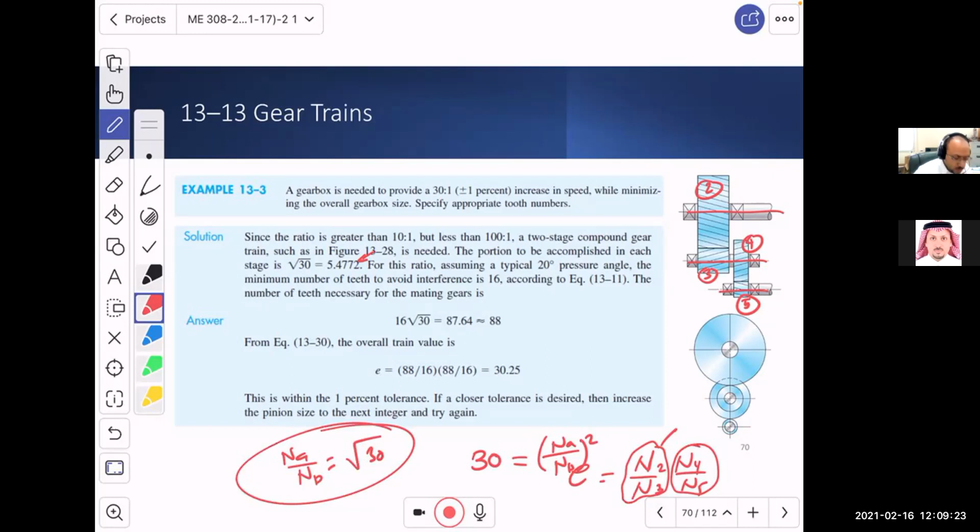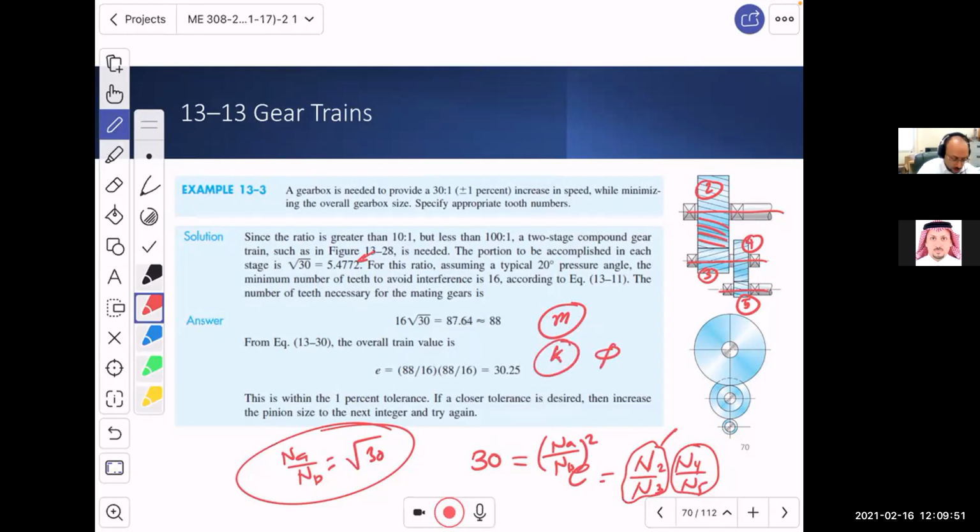Now, how do you know what is the smallest number of teeth? Considering that this is a helical gear, we can use the equation with M. Do you remember the equation which needs M, which needs K, and it needs the pressure angle phi?